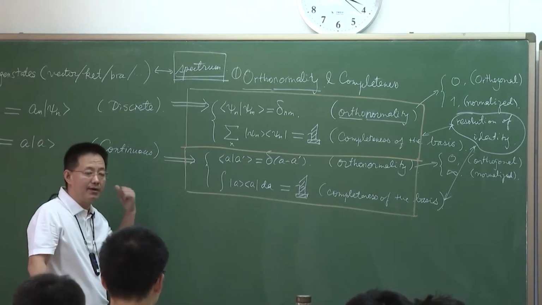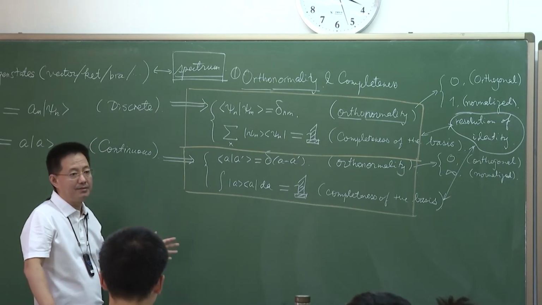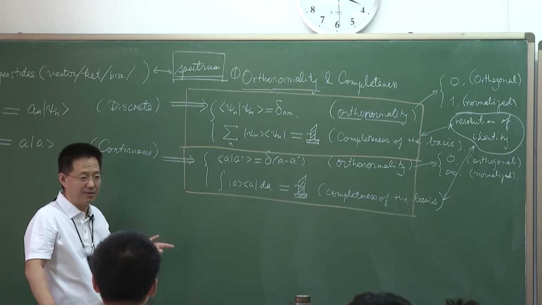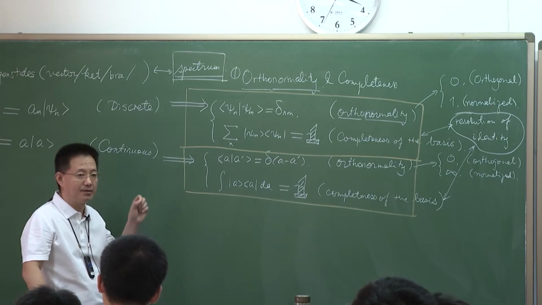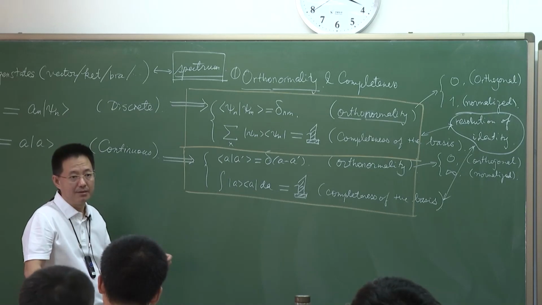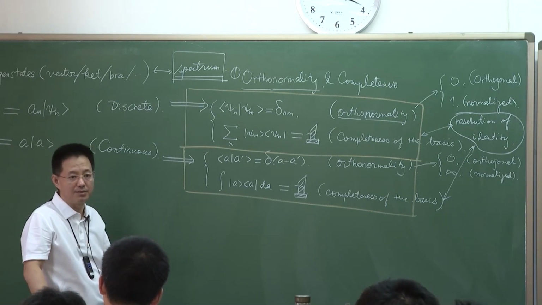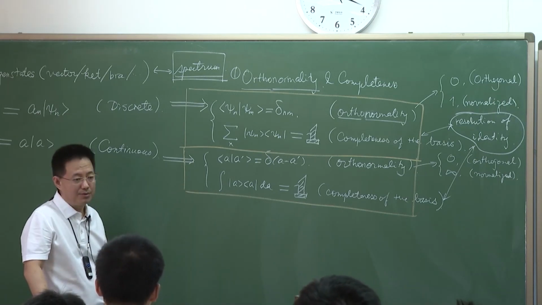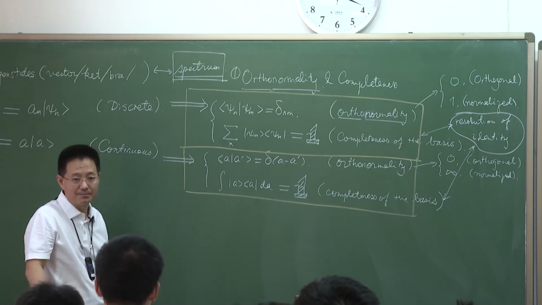So that means the eigenvectors or eigenkets or eigenbras, eigenstates of any Hermitian operator. Keep in mind, Hermitian operator, the eigenstates of the Hermitian operators can be used to be the basis of the Hilbert space. Only the eigenstates of the Hermitian operators can be the basis of the Hilbert space. If you have some eigenstates for unitary operators, no, you cannot do that. Right?